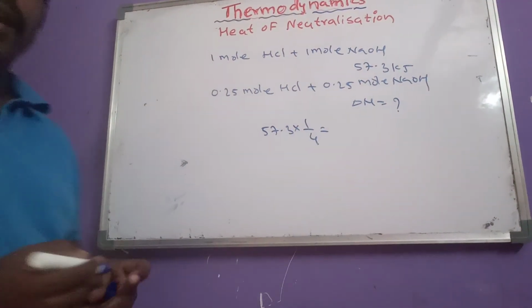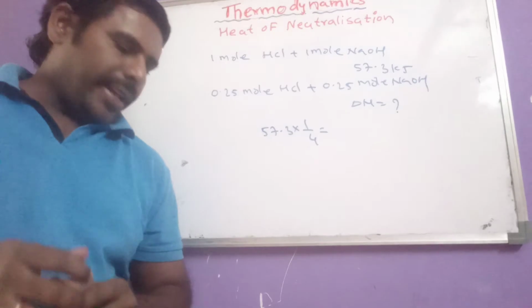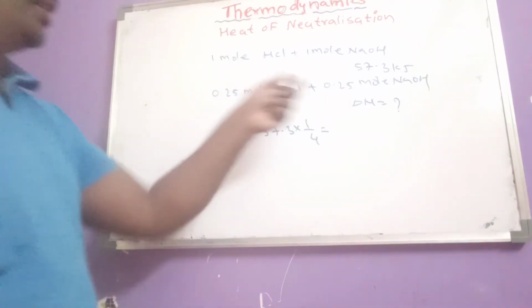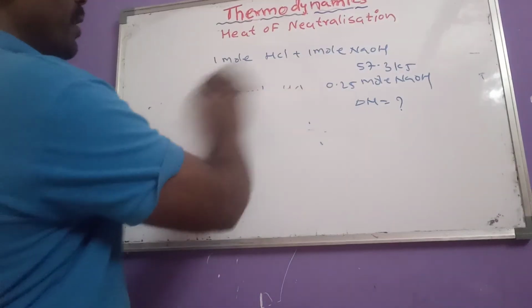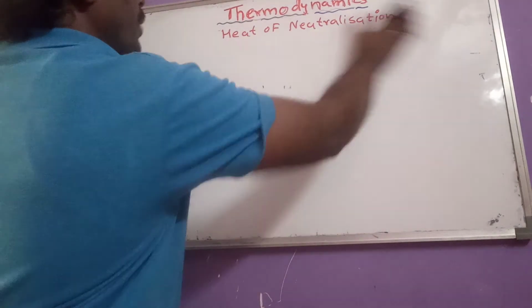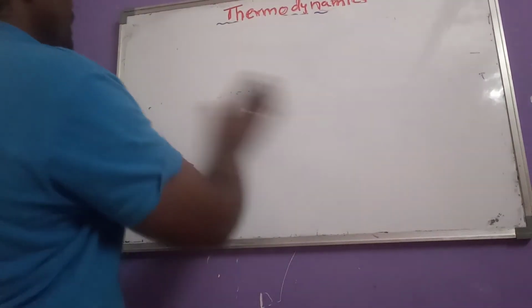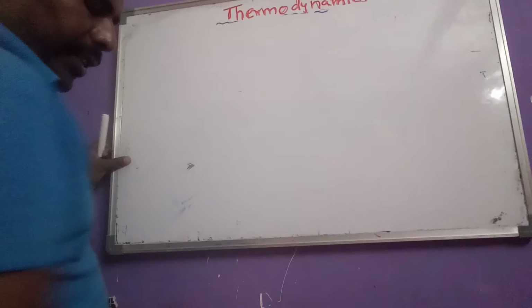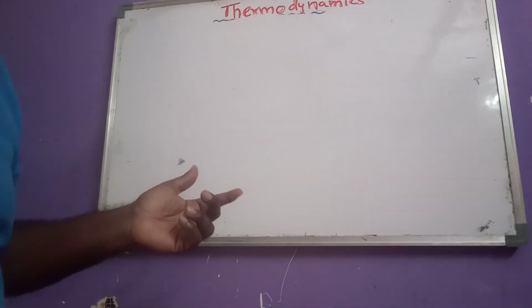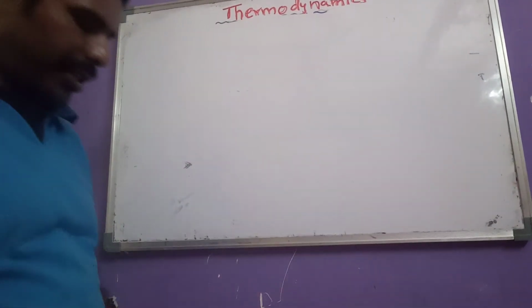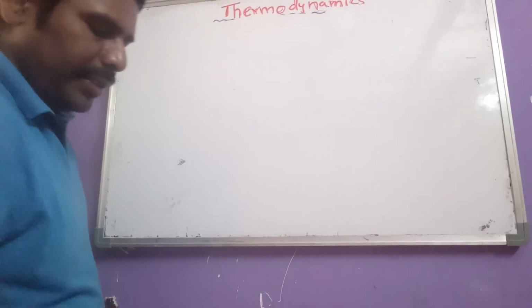Like that we have to calculate the delta H value for 0.25 mole HCl and 0.25 mole NaOH. So these are some questions related to heat of neutralization.